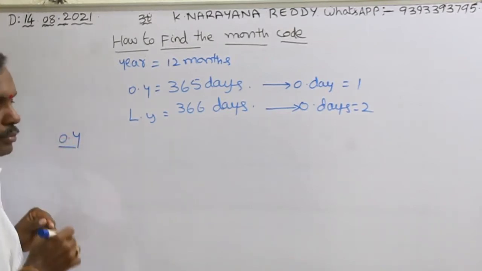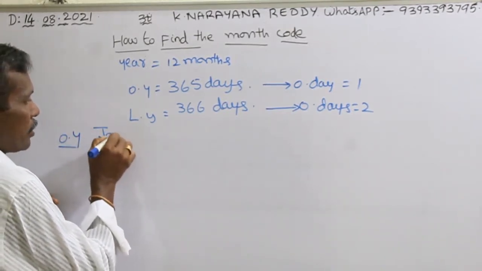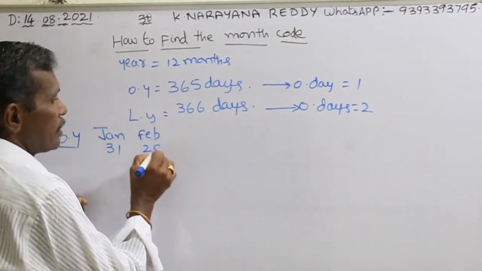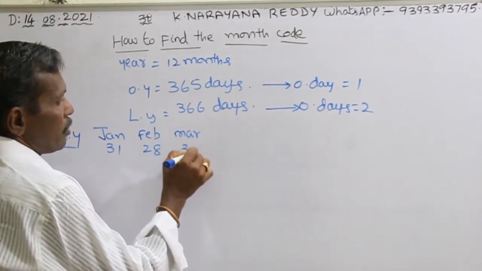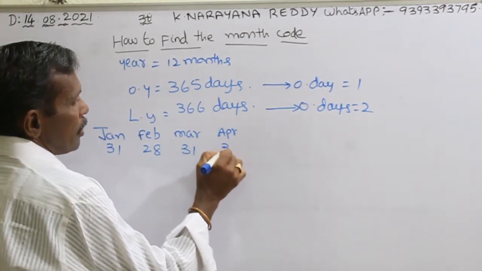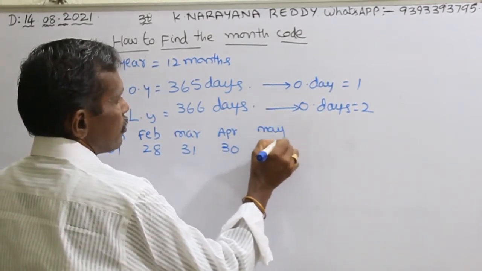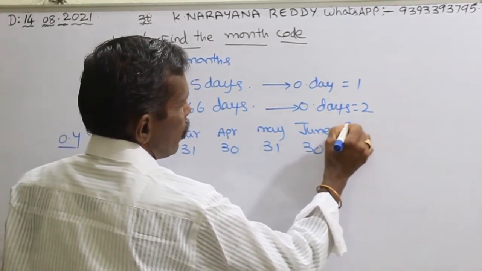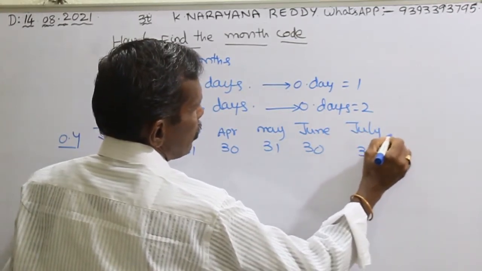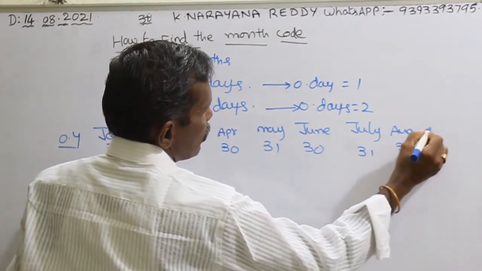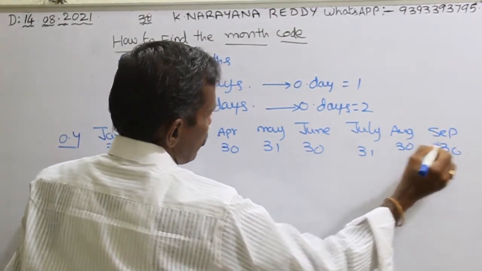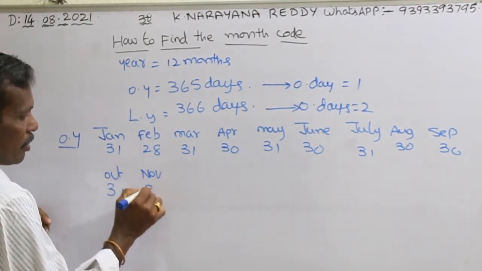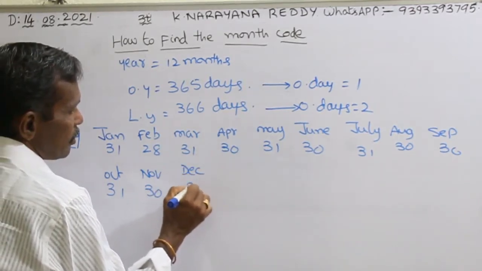Ordinary year: Jan contains 31 days, Feb 28 days, March 31, April 30, May 31, June 30, July 31, August 31, September 30, October 31, November 30, December 31.